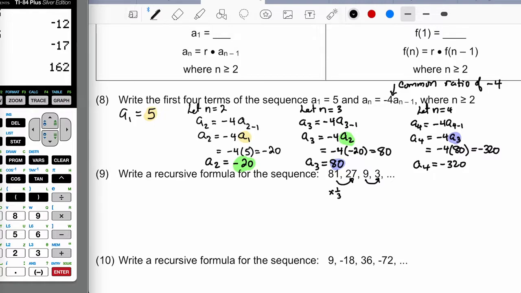But either way, we have our first value of 81. We have our rule. We're going to take our common ratio and multiply it by the term that comes before the nth term. And only apply that rule for n values greater than or equal to 2.